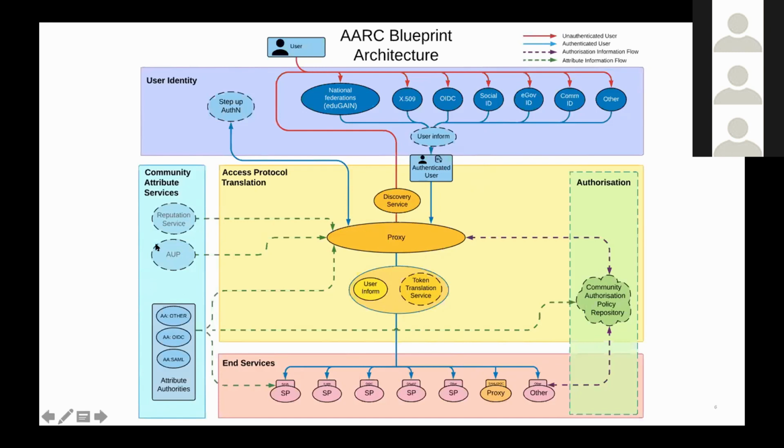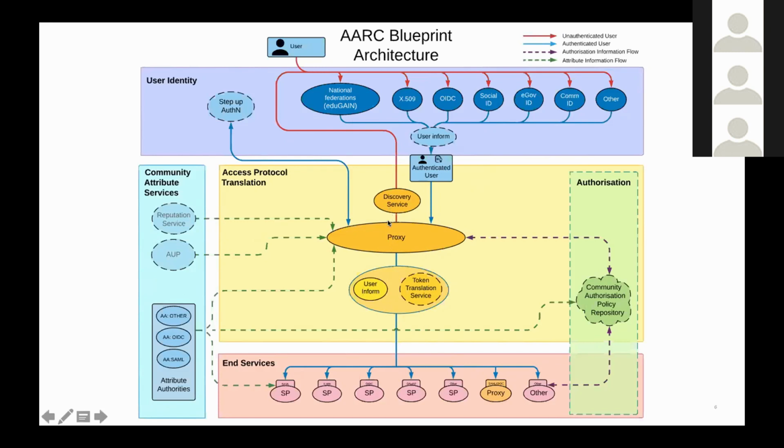Then there is this bluish layer, the community attribute services layer, that contains components related to managing and providing information about users, such as community group memberships and roles, on top of the information that might come from the user identity layer. Then at the center, there is the access protocol translation layer, which defines an administrative policy and technical boundary between the internal and external services and resources.